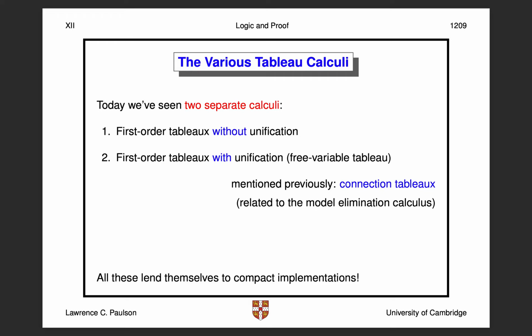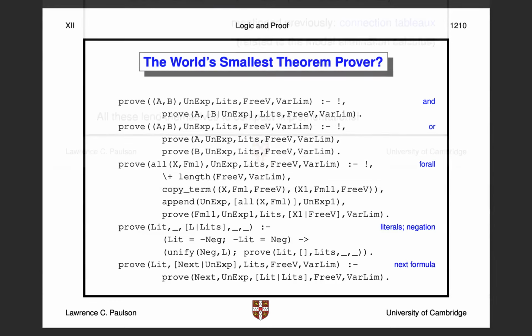Now I want to show you something else. I'm afraid I can't call this new anymore. It emerged 25 or more years ago, but it is still an impressive thing. So this is a free variable tableau theorem prover written as 5 Prolog clauses.